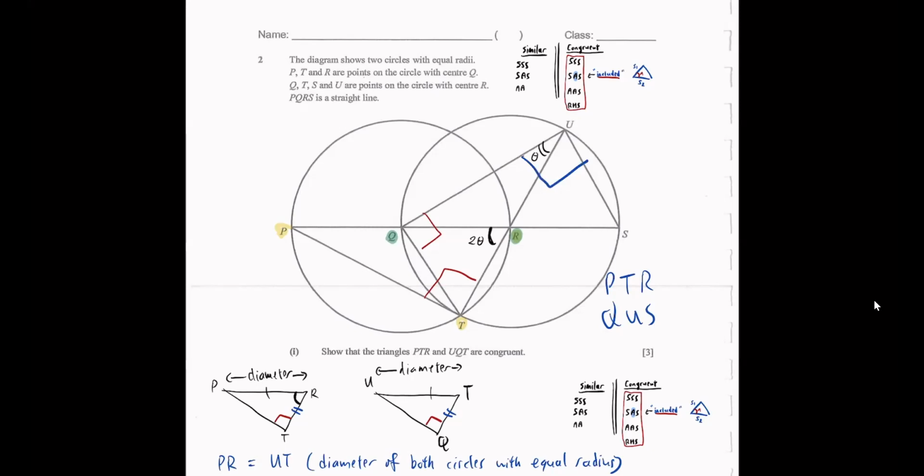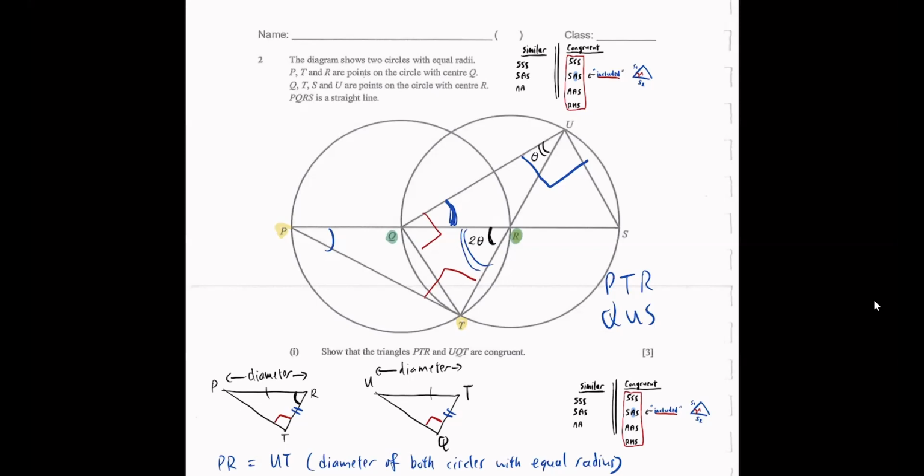How about this angle here? It's the same as which angle? Is it the same as this angle or that angle? Left or right? UQS is the same as UPR. Same as TPR. How do you know for sure? How do I know? It looks correct.